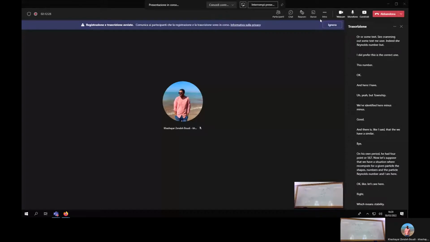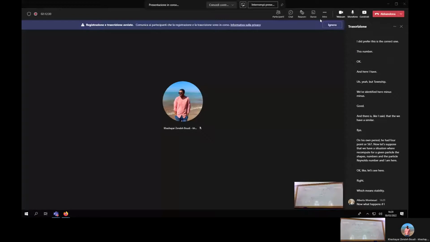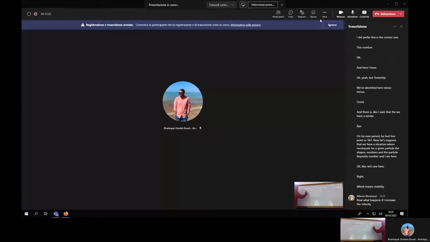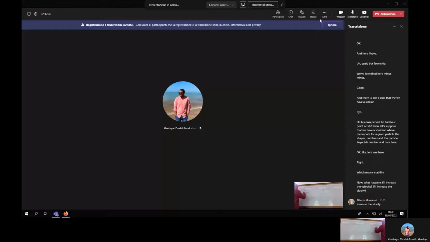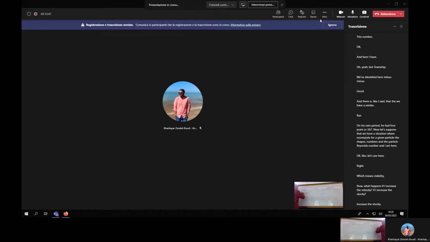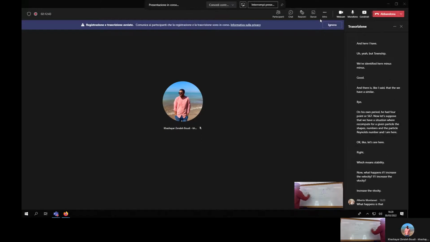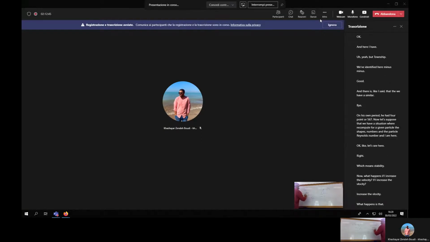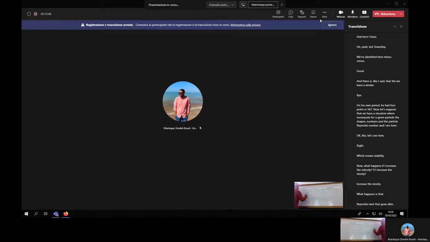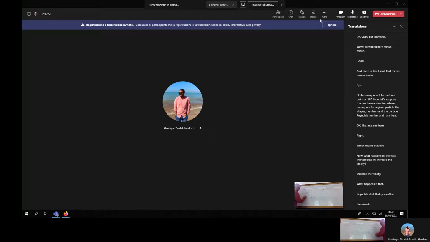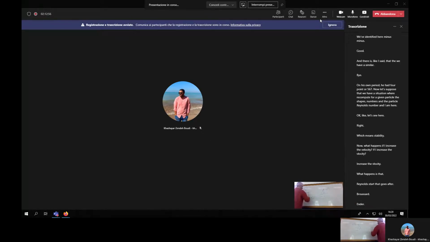Now, what happens if I increase the velocity? If I increase the velocity, what happens is that I have Reynolds star that goes up, and tau that goes up.